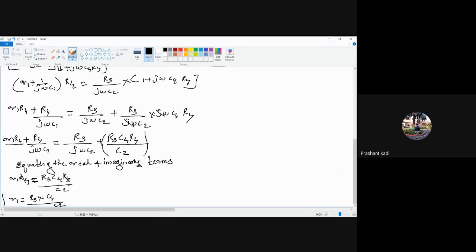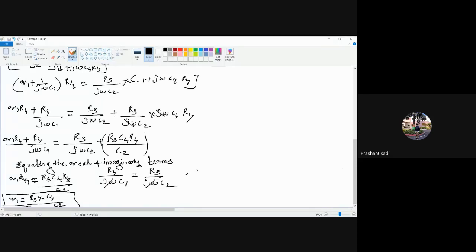So this is resistance R1. Similarly, equate the imaginary terms. The imaginary term is R4 divided by j omega C1, equals R3 divided by j omega C2. This j omega will get cancelled.